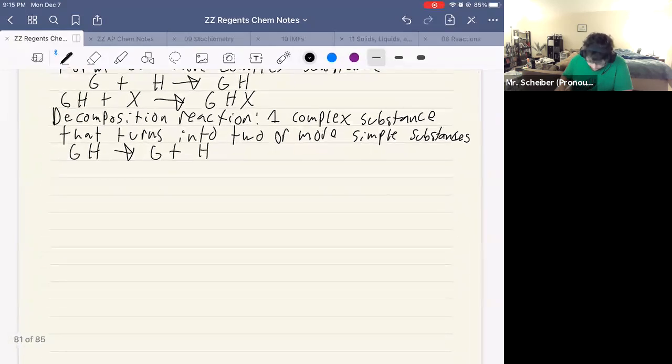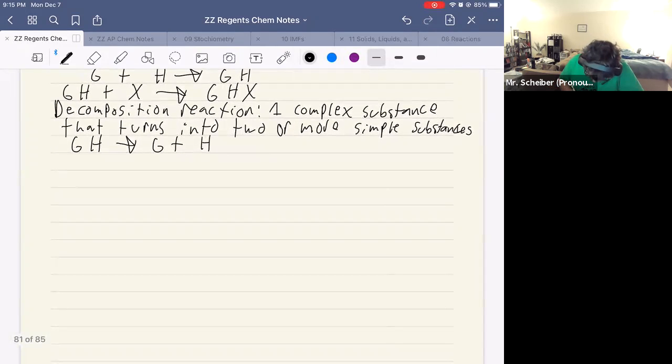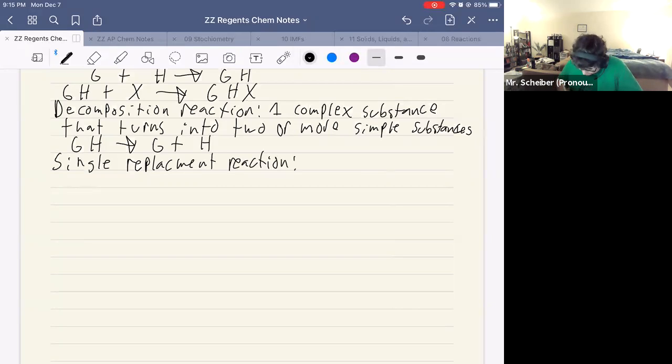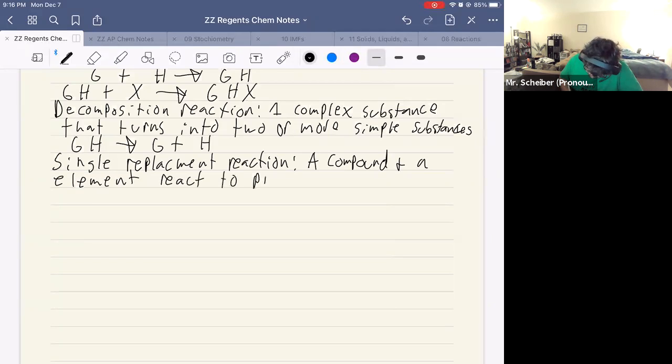Okay, and then the next two, a little bit more complicated, but not super complicated. The next one's called a single replacement reaction. And it's exactly what it sounds like, that one thing's replacing. So you have a compound and an element, and they react to produce a new compound and element.